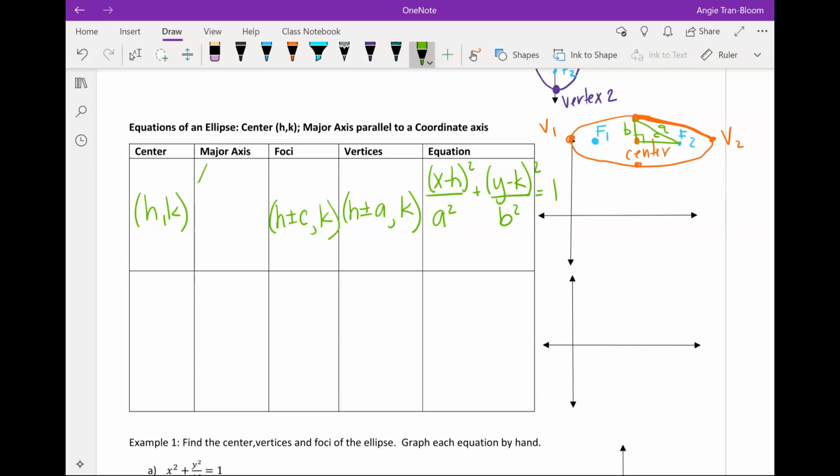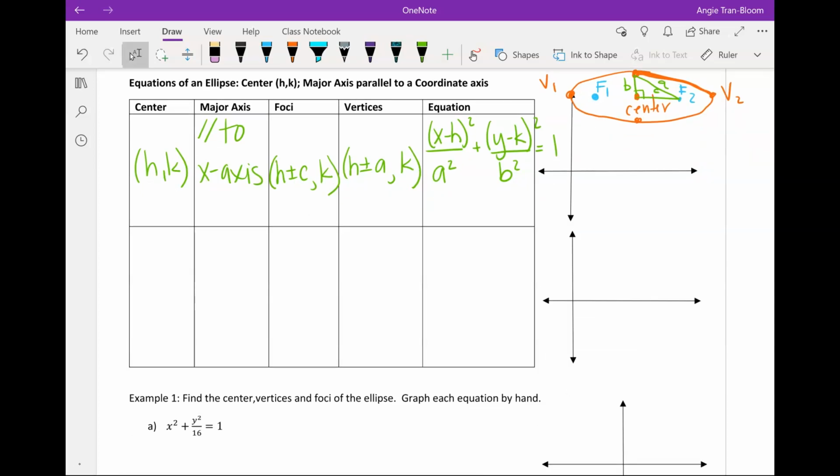Major axis is parallel to which axis? The x-axis or the y-axis? x-axis, parallel to the x-axis. Okay. So that's that portion. So for the bottom one we'll draw your center here. We'll draw your vertices somewhere here. So vertex 1, vertex 2.